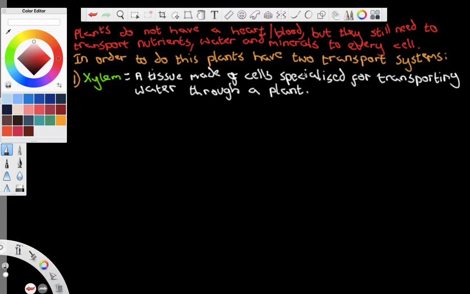Now, the water in a plant is collected in the roots and transported to different cells through the xylem.